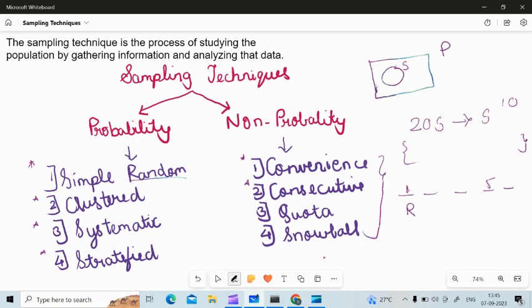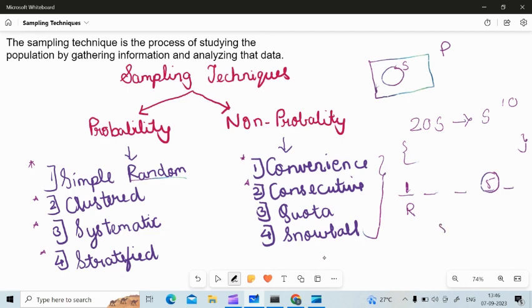After selecting the first person, say the fifth person, I then proceed in a systematic way. That's why random and systematic come together. The first person is selected in random mode, and after that I select in a systematic way, which means the next people are selected at a particular interval.